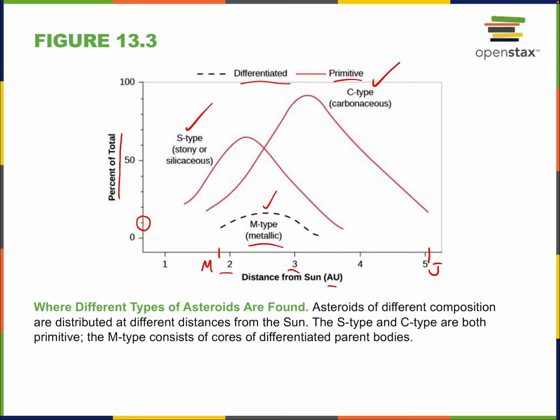On the inner edge of the asteroid belt, we see more stony asteroids. Those are the S-types. They make up over 50%, right there, of the overall population of asteroids. But the most common type of asteroid overall are the carbonaceous, C-type asteroids. These are asteroids that do have a lot of ice in them, as well as mixed with stones, and those stones are formed out of elements that have a lot of carbon in them.